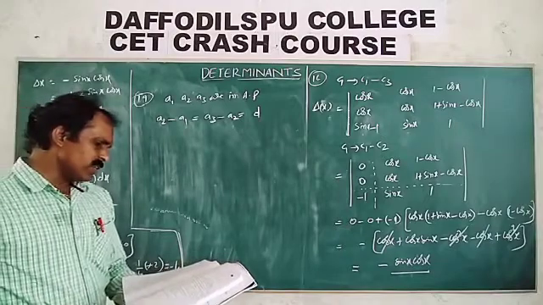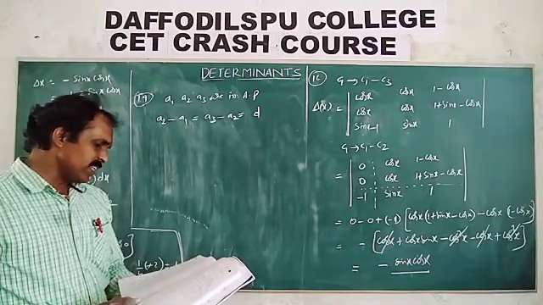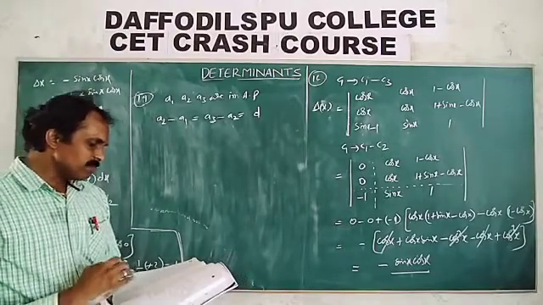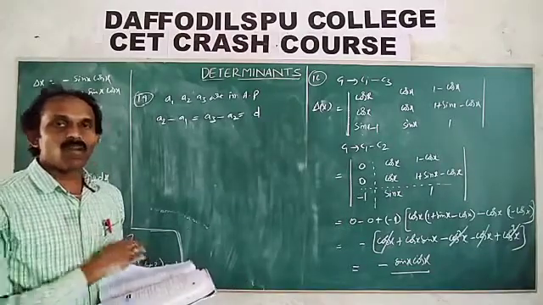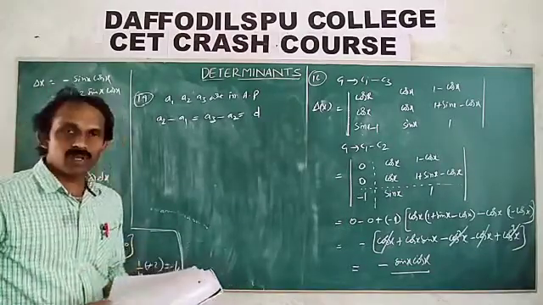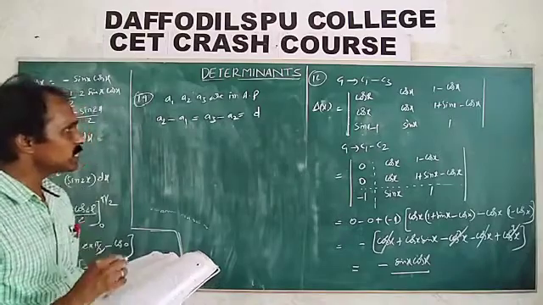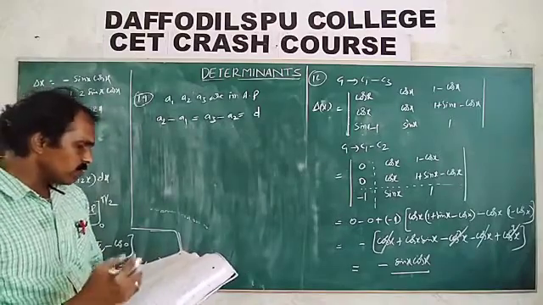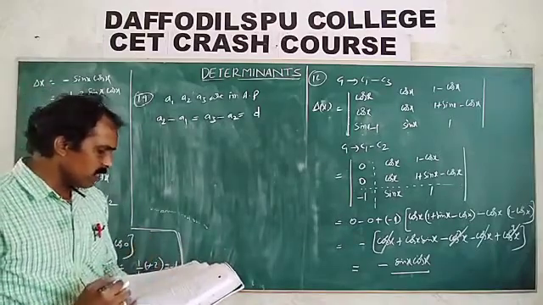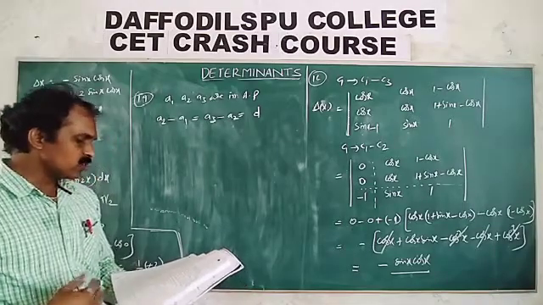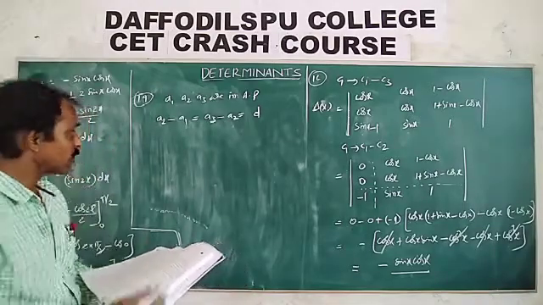First column A1, A2, A3. Second column A2, A3, A4, 1, 1, 1. Third column, all ones. So to make zeros, either R2 gives R2 minus R1, R3 gives R3 minus R2, like that, no problem.